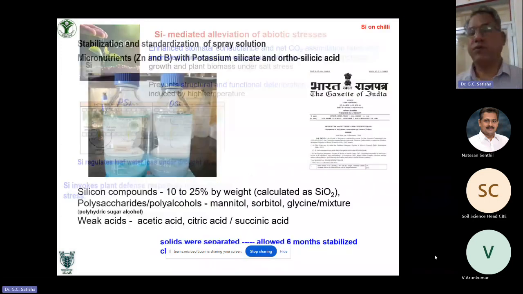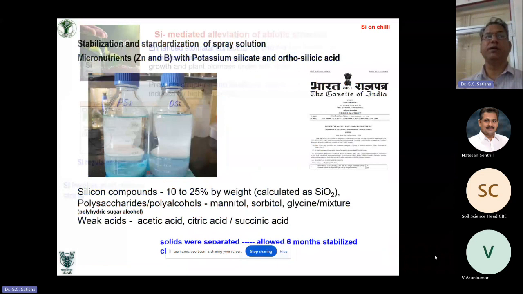Based on this concept, what we have done in our institute, because we need a soluble nature and we require a stabilized compound.